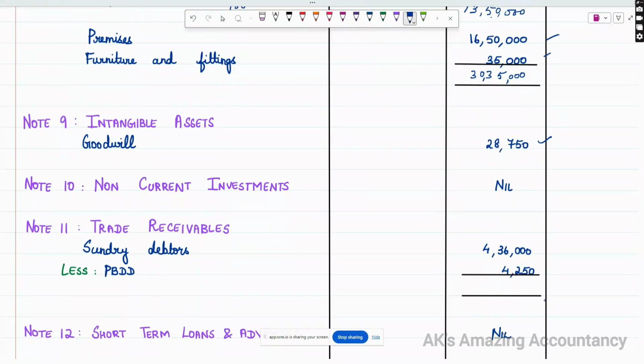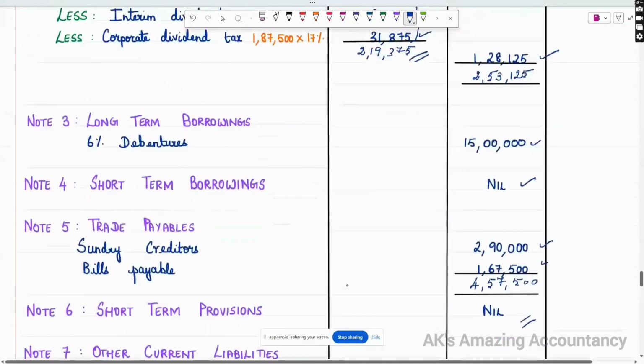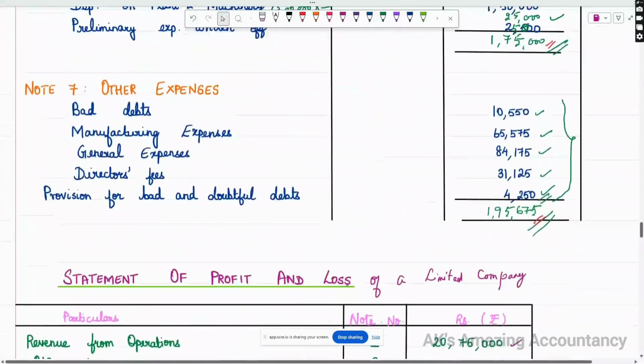Now let me proceed with Note 11. Note 11 is for trade receivables. Under trade receivables, usually we'll be having sundry debtors. Sundry creditors we used to have under trade payables, isn't it? So sundry debtors will be under trade receivables. Sundry debtors is given to us in the problem as 4,36,000, and then we have to deduct the provision for bad and doubtful debts.